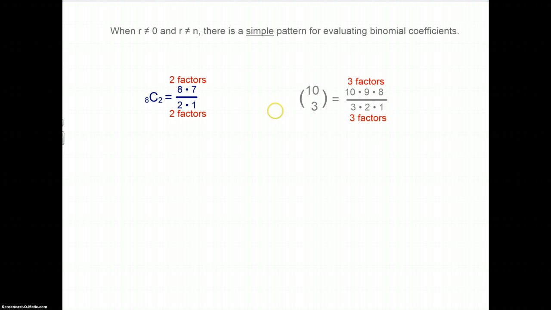Here's a little shortcut. Once you realize the factors that cancel and everything, you could write these out this way. We could write this one as 8 factorial divided by (8 minus 2), 6 factorial, times 2 factorial. What's going to happen is the 6 factorial gets canceled with the portion of the 8 factorial, right? Because that's 8 times 7 times 6 times 5 times 4 times 3 times 2.